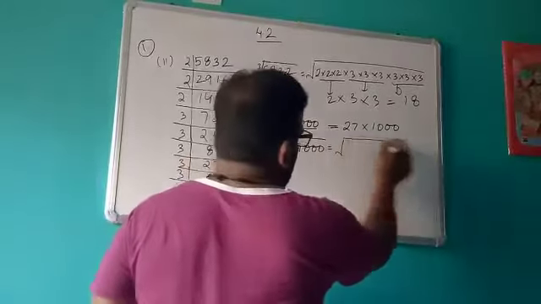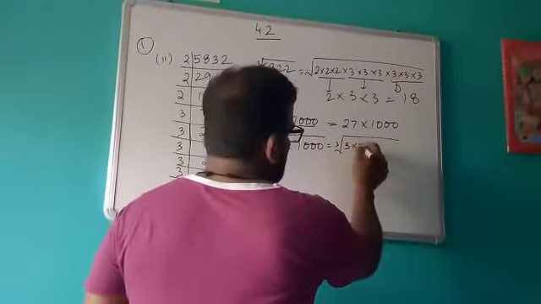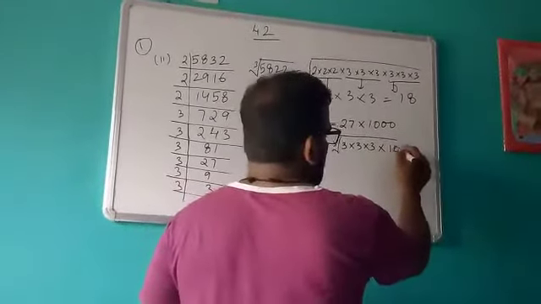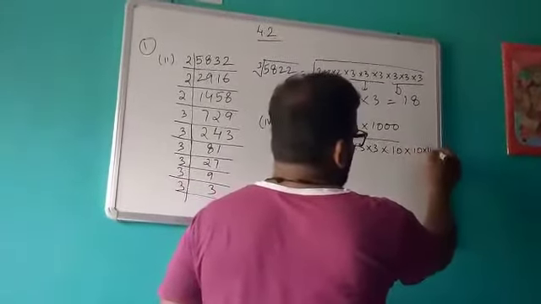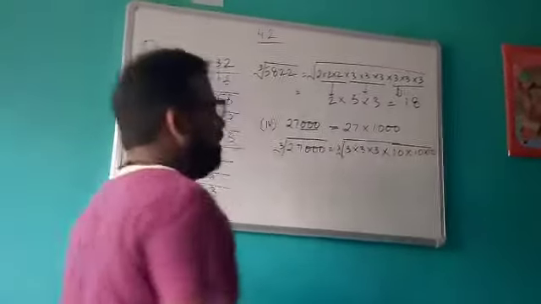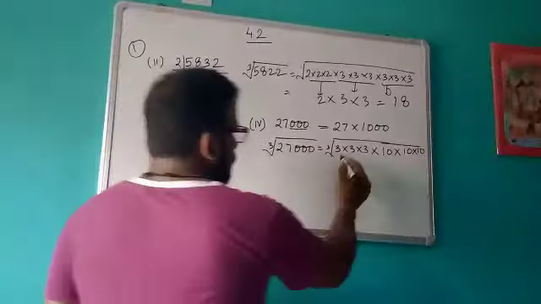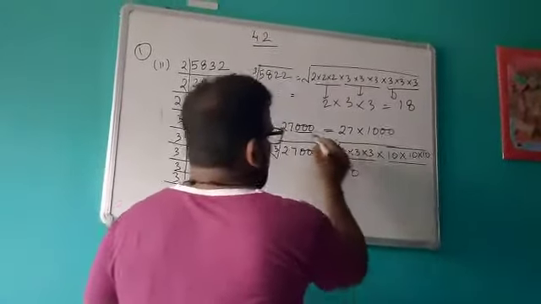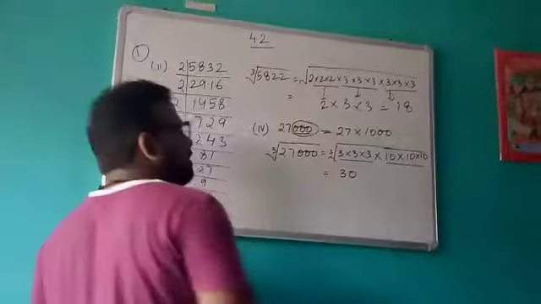We can write 27 as 3 into 3 into 3, into this 1000 we will write like this, 10 into 10 into 10.